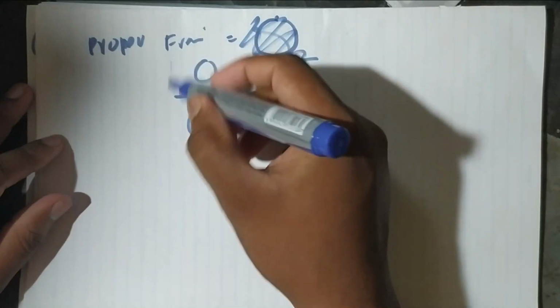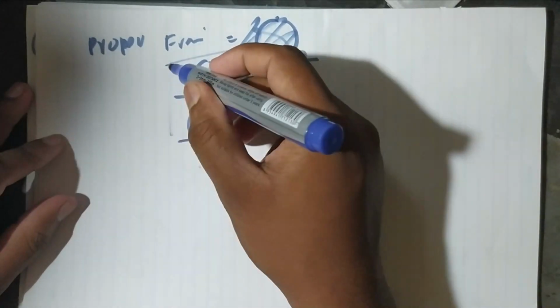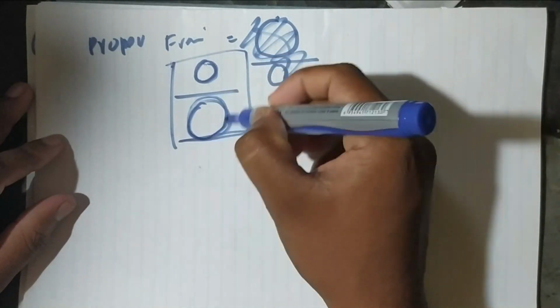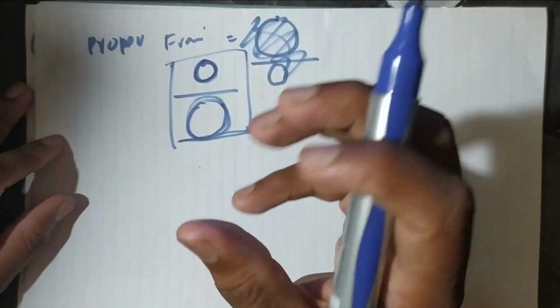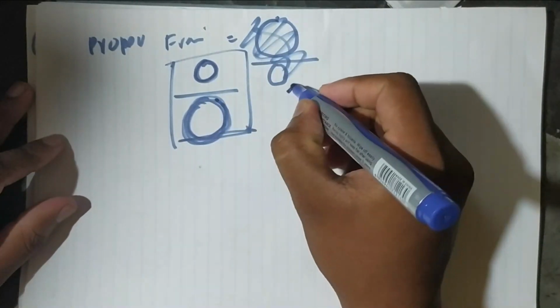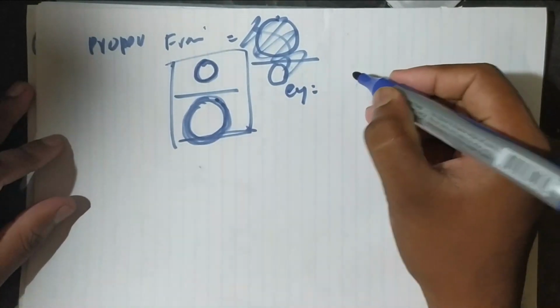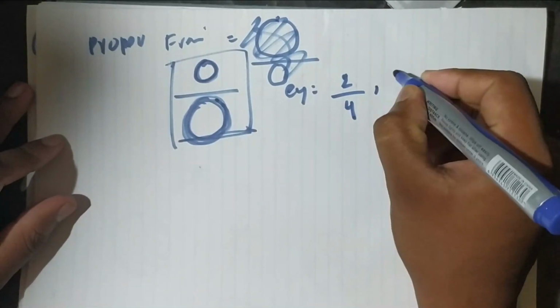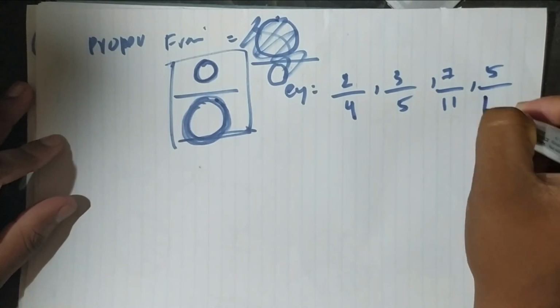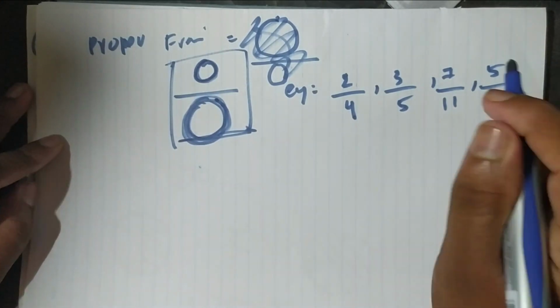In this fraction, this one is the numerator and this one is the denominator, so the numerator is smaller than the denominator. For example, 2/4, 3/5, 7/11, 5/100. These are what we call proper fractions.